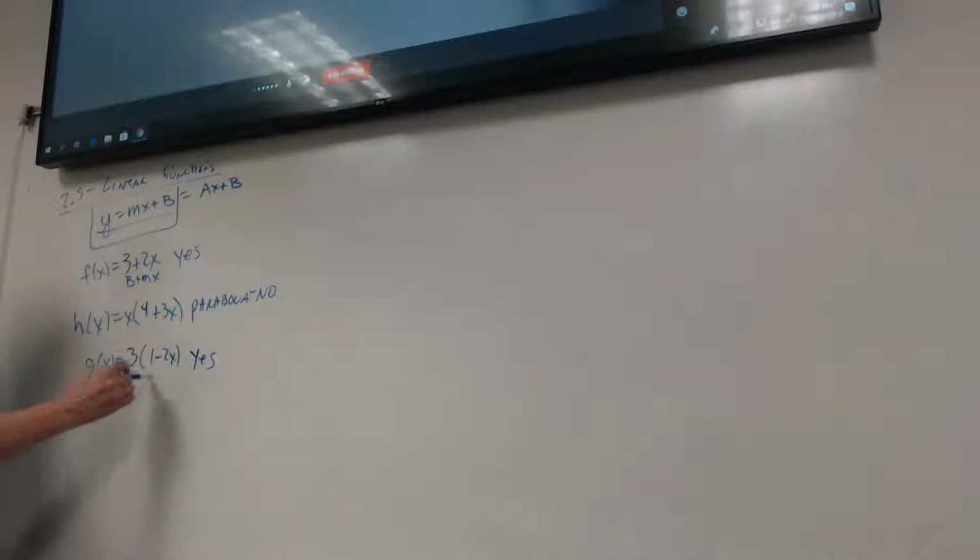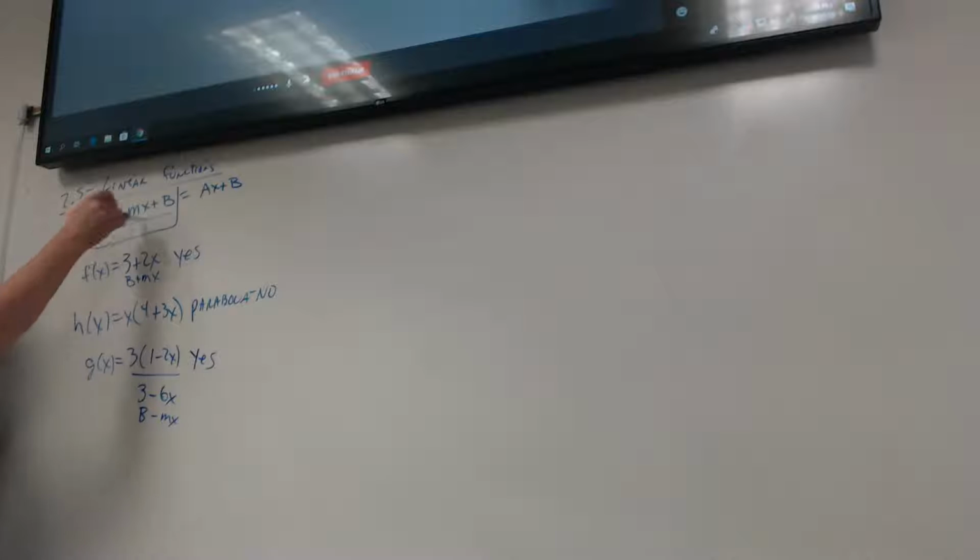Yes, that is, because there's still an x underneath after you do multiplication. You could multiply that out and it would become 3 minus 6x, which is your b minus your mx. Right? Same sort of form. Plus minus. Okay? Very good.